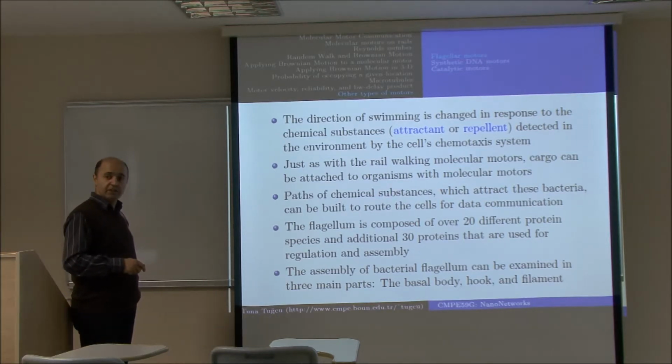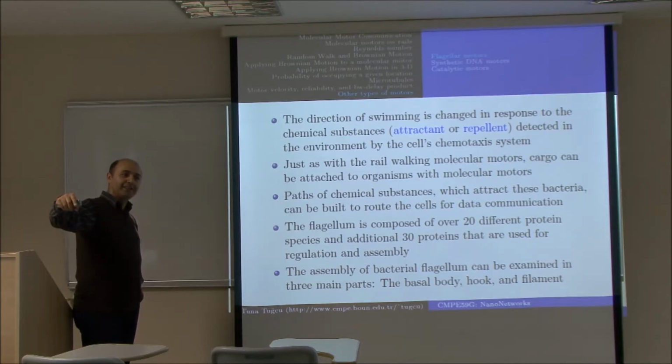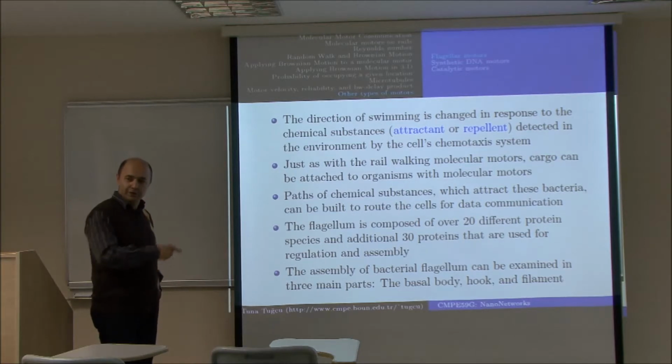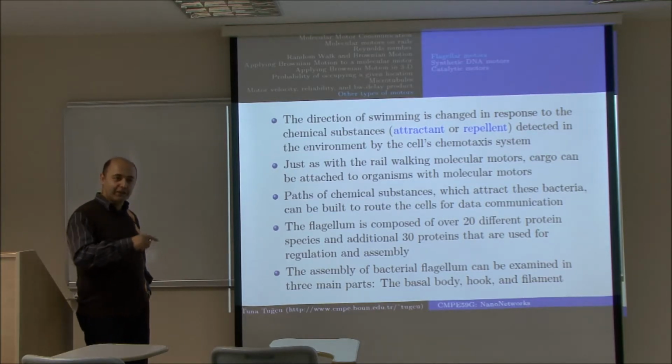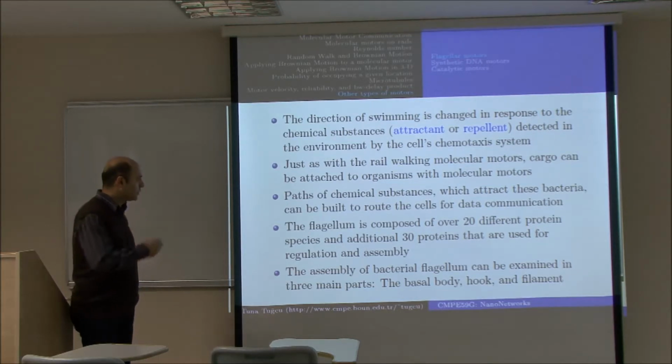So if you can provide the food beforehand, then you can expect it to follow that food and go in that direction. Or you can also put some obstacles, as you will see in one of the videos.